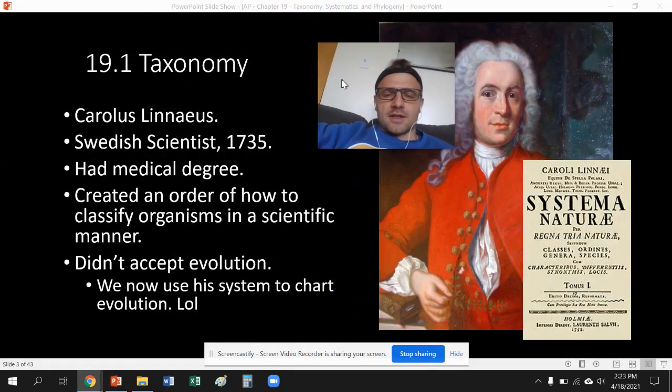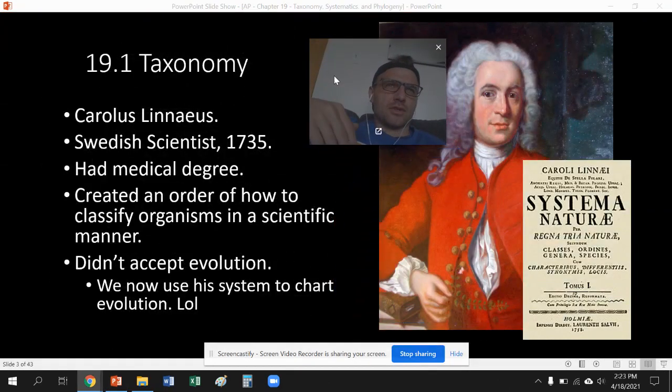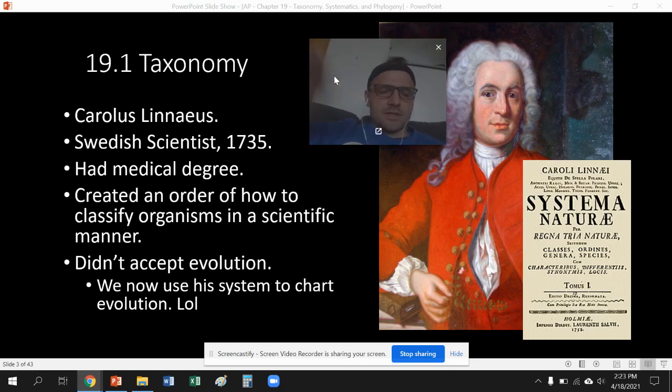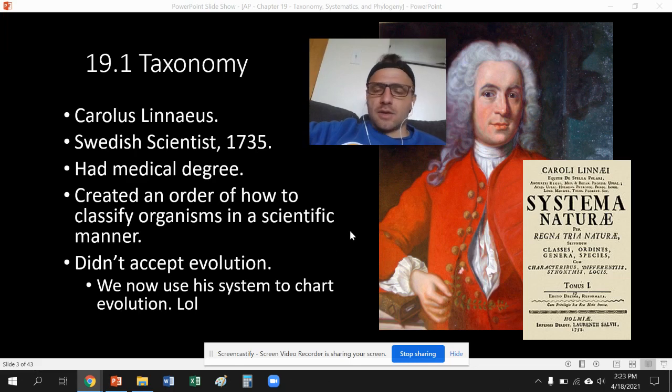So, there were some models of how to organize life on Earth before Carlos Linnaeus came around in the 1700s, but he really starts off taxonomy in the modern sense of science and biology. He was a Swedish scientist, and he was very scientifically literate. If you remember, we talked about him a little bit when we talked about evolution. He actually didn't accept evolution.